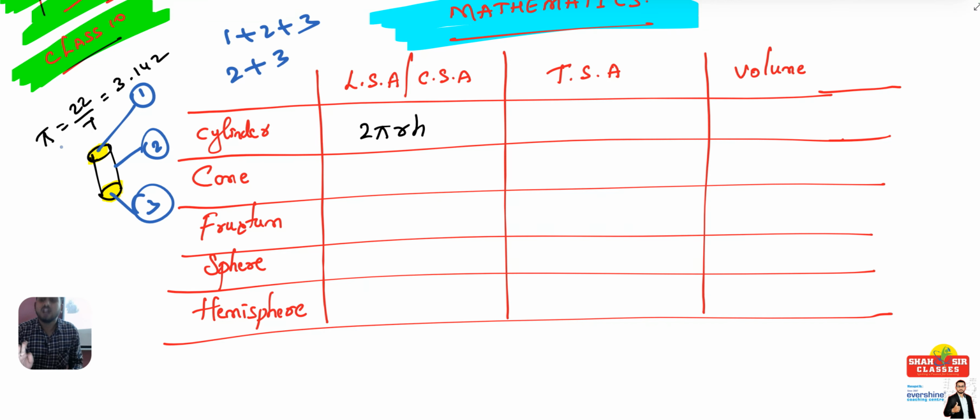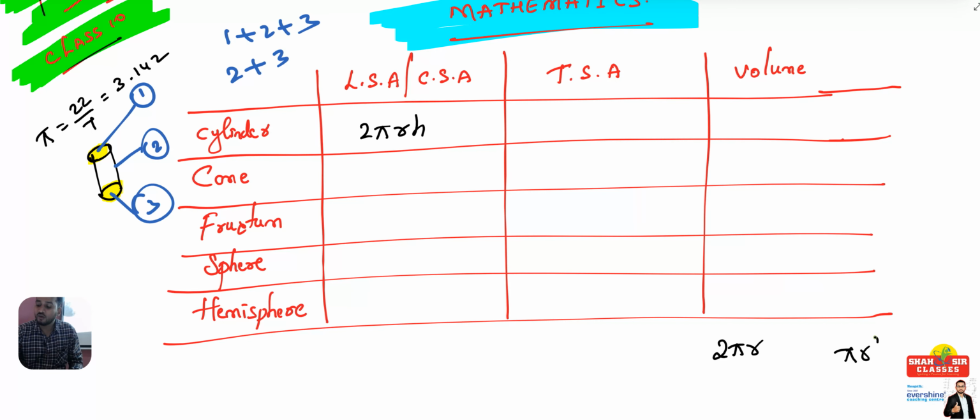What is the circumference of a circle? What is the formula to find the circumference of a circle? Is it 2 pi r?